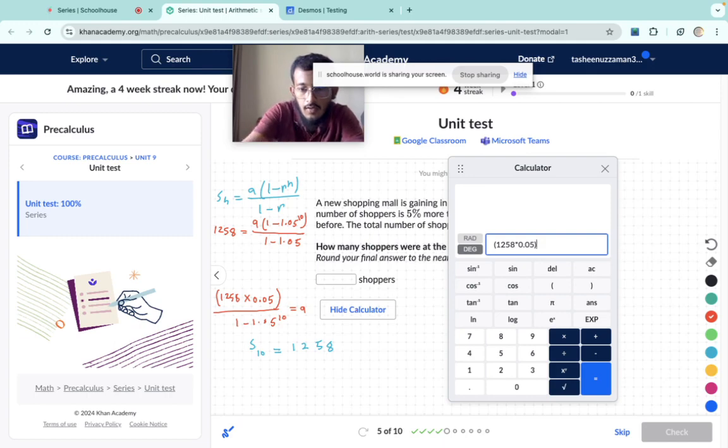Now this is going to be divided by, I put another bracket, and this will be 1 minus 1.05 to the power 10. So let me see what they give us, which is negative 100.